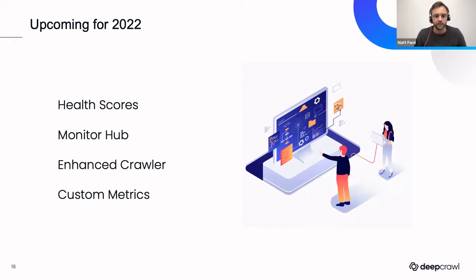Yeah, so we've got a lot of things that we're working on, as you can imagine, but there are some standout elements that I wanted to highlight, and also products. So the first one of these is health scores. Users have been asking us for years to help them build health scores or scorecards, some kind of roll up of a number of different metrics into a score that they can then track over time.